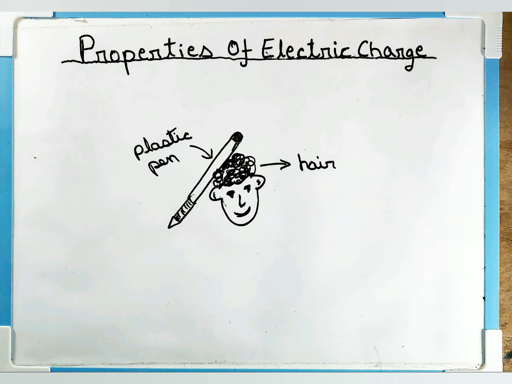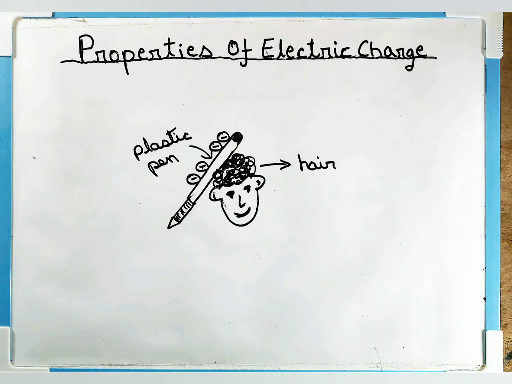This friction creates energy, and this energy is used by the electrons in my hair to jump to the plastic pen. In other words, the electrons are being transferred from my hair to the plastic pen, and the plastic pen now has an excess of electrons, and my hair has a deficiency of electrons.